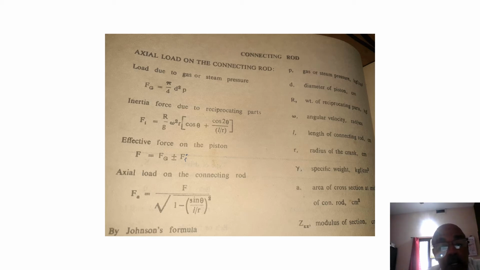In numerical side only you will understand that. Axial load on the connecting rod, therefore Fa is equal to effective force divided by square root of 1 minus sin square theta divided by L by R. These are our empirical relations, and don't worry.